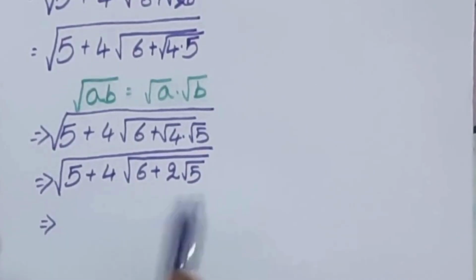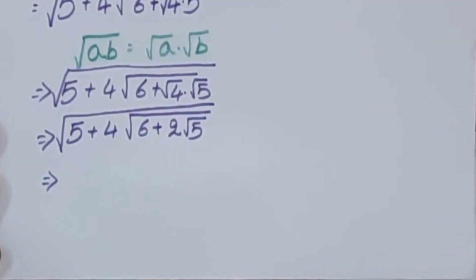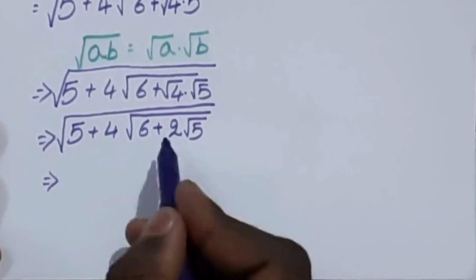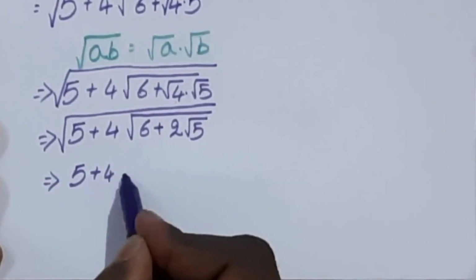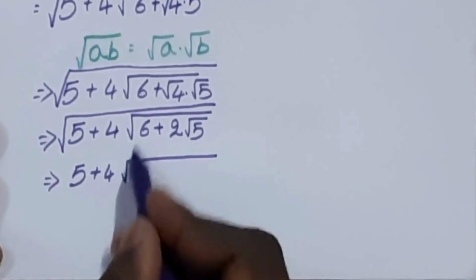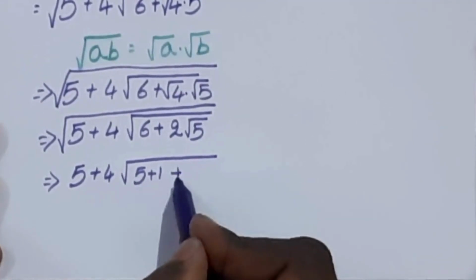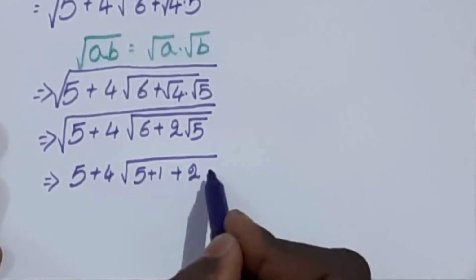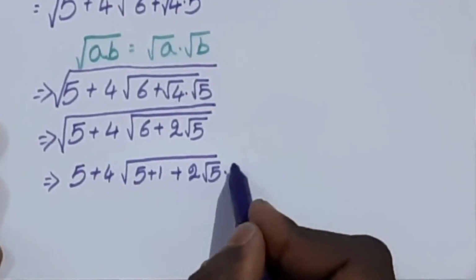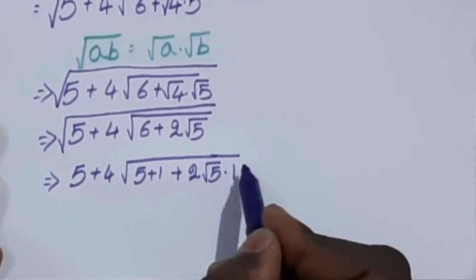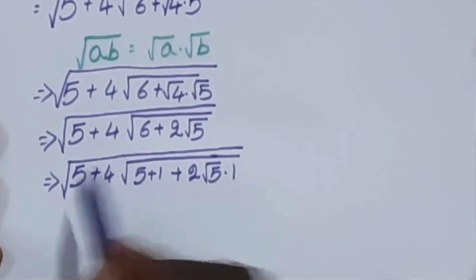Now this 6 can be written as 5 plus 1, so 5 plus 4 square root of 5 plus 1 plus 2 times square root of 5. We are just multiplying by 1, in whole square root.